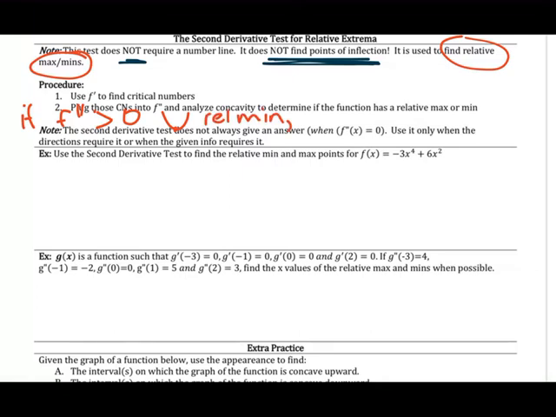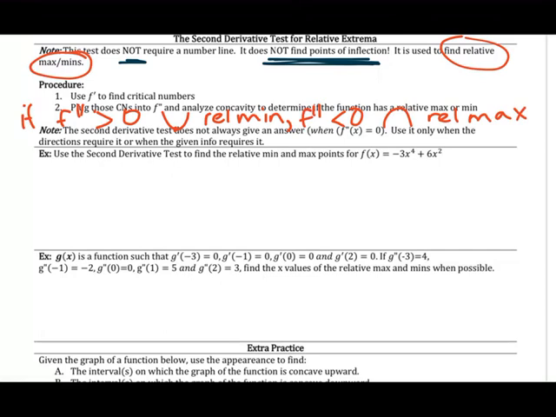Similarly, if our second derivative is negative, which would make it concave down, we would have a relative max. So the purpose of this test is saying we can find our critical numbers, but instead of making a sign chart, we can just plug those numbers into the second derivative and figure out if they're positive or negative. That will tell us the concavity, which will tell us if we have a relative max or a relative min. So let's look at this and practice.